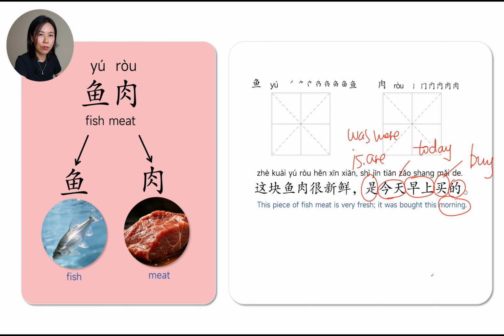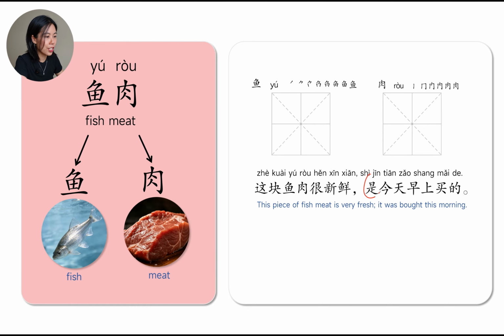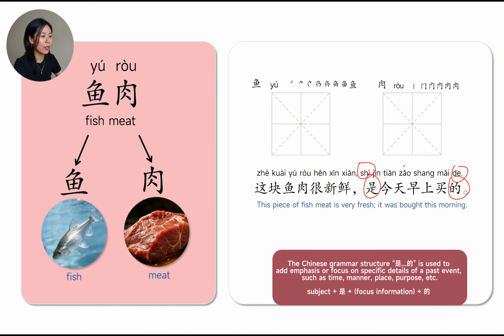Actually, we have a grammar structure here, the 是的 structure. The 是的 structure is an emphasis structure. We want to emphasize what's between the 是 and the 的.